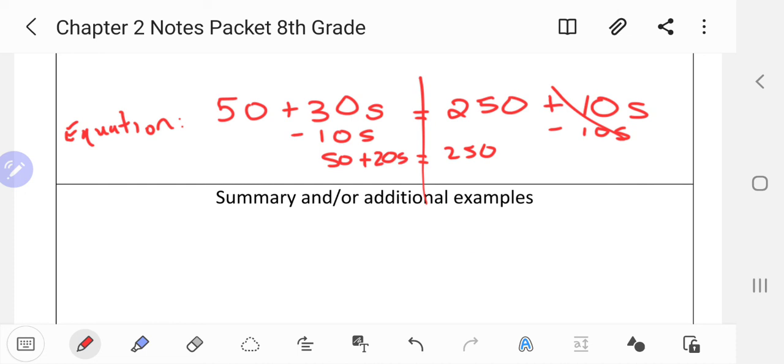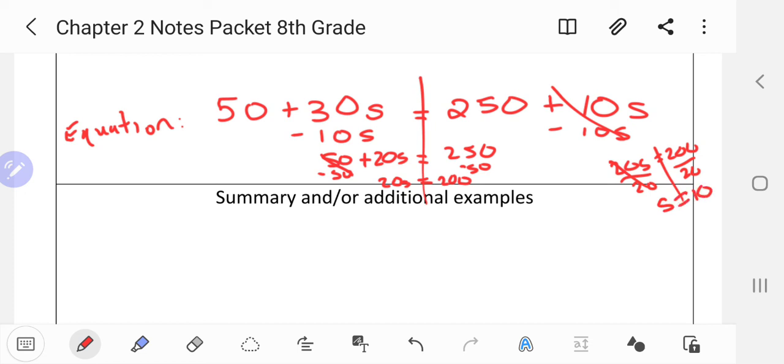Now that the variable's only on the left side, we cancel it out of the right side. I'm going to subtract 50, we get 20s equals 200. Now we're going to divide by 20, and we get 10 sessions.